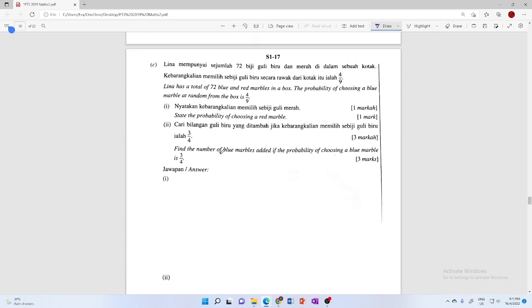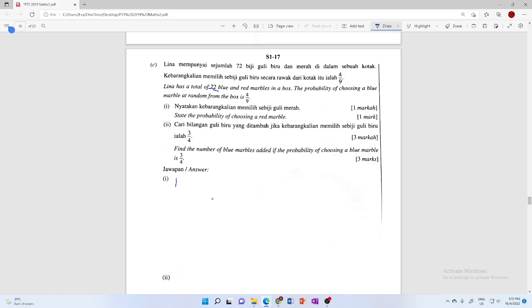For C, Lina has a total of 72 blue and red marbles. So total is 72. And probability of choosing a blue marble at random from the box is 4/9. We need to find the probability of choosing a red marble.